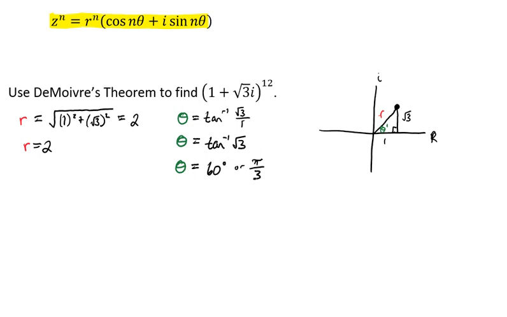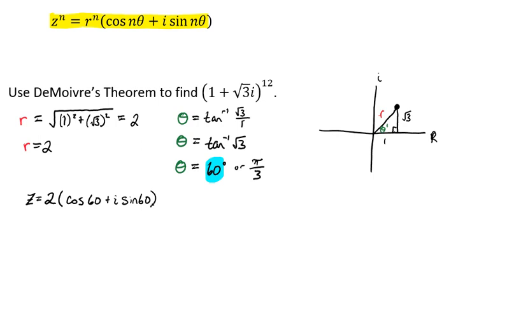For this particular example, I'm going to use degrees. Let's go ahead and find our z first. We have z to the first power, so 2 times the cosine of 60 degrees plus i times the sine of 60 degrees.